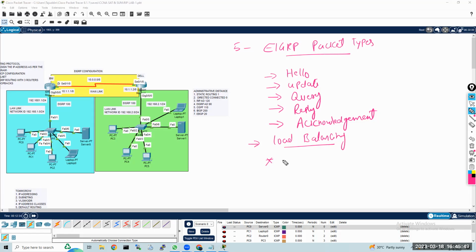If the traffic is very huge, he will divert some traffic to another route. EIGRP does equal and unequal load balancing. Equal cost load balancing, and another one is unequal cost load balancing.